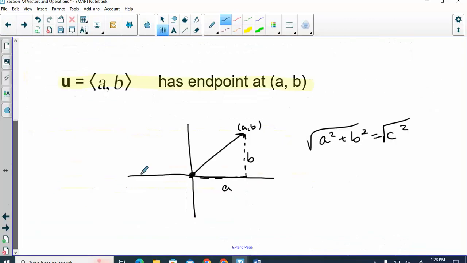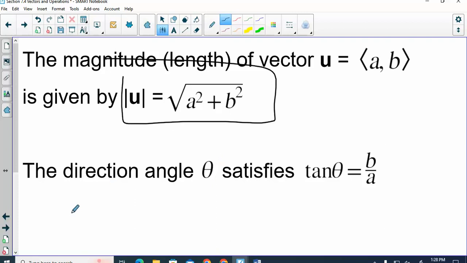If I asked you to find this angle theta using A and B, that's opposite and adjacent. What trig function is opposite and adjacent? Tangent. So tangent is equal to B over A. That's how we find direction. So the direction angle is the angle where tangent of theta equals B over A. Those are the two things that we are going to be finding with our vectors today, magnitude and direction. I'll give you the formulas on the formula sheet, but really it's nothing we haven't already done.